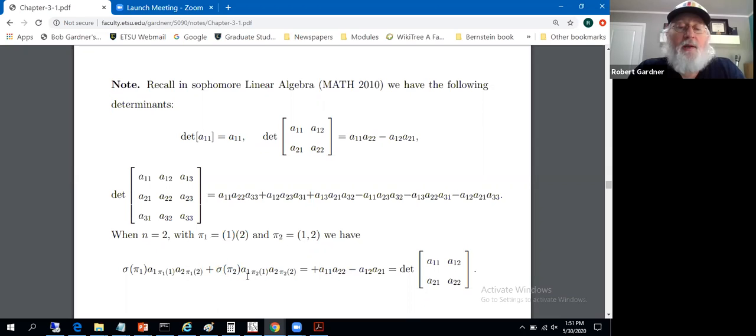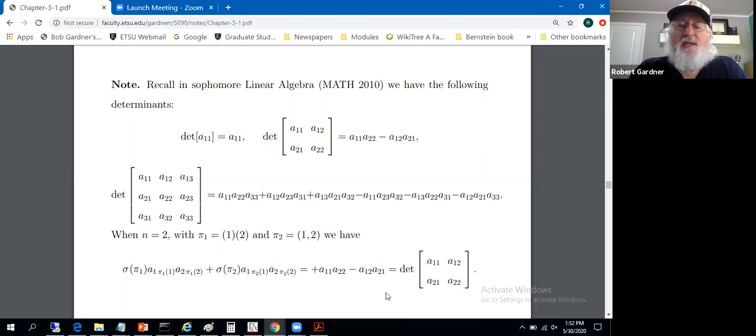A sub 1, pi sub 2 of 1. Where does pi sub 2 map 1? Maps it to 2, interchanges 1 and 2. So pi sub 2 of 1 is 2, a sub 1, 2, and pi sub 2 of 2 is 1. Pi sub 2 interchanges 1 and 2. Which, lo and behold, that's the determinant of that little 2 by 2 matrix.